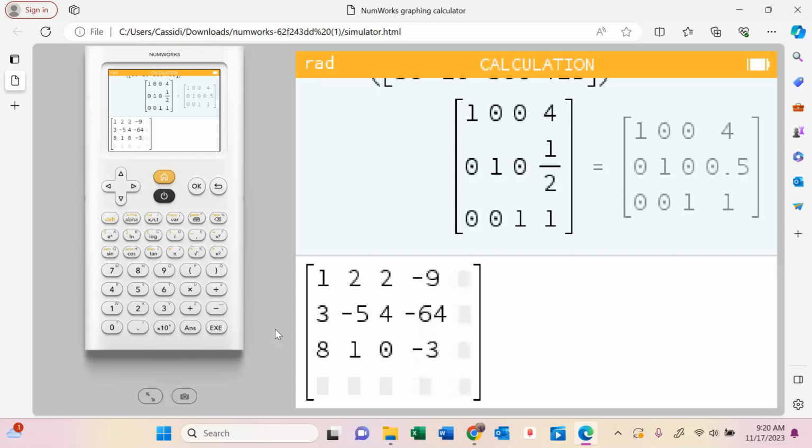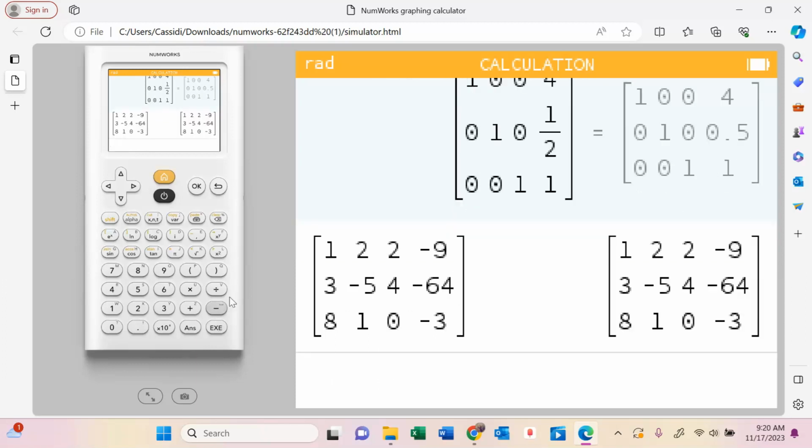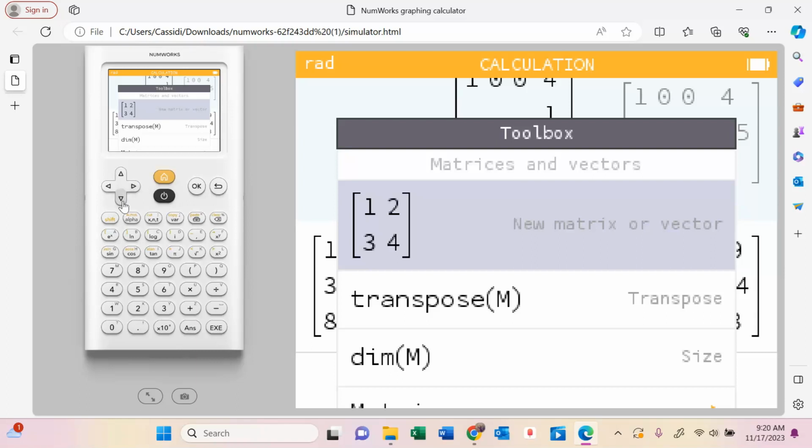So again, just double check your work. Make sure that you input it correctly. I'm looking over it to make sure I did, and I feel confident I did it correctly this time. All right, so now we can click enter, so it's there for us, and click the toolbox again.